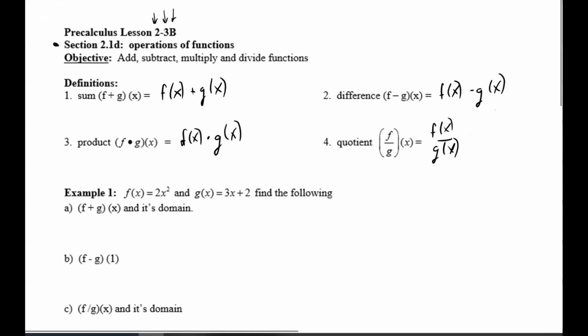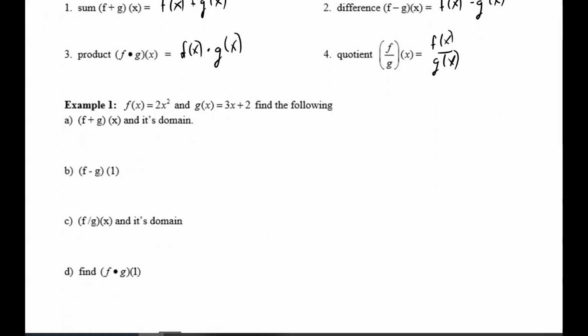So let's look at an example of two functions, f of x and g of x, and we'll look at the four operations with variables and with numbers too. Let's start out with f plus g of x. This is the same thing as f of x plus g of x. Notice the inputs are x, so we're not going to evaluate, we're just going to put these expressions together and add them up.